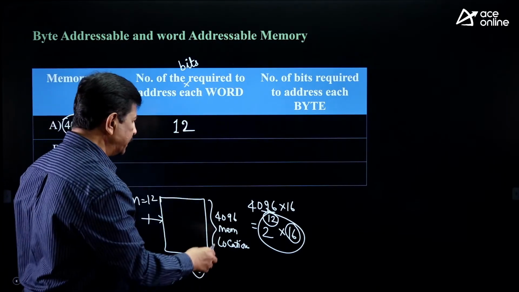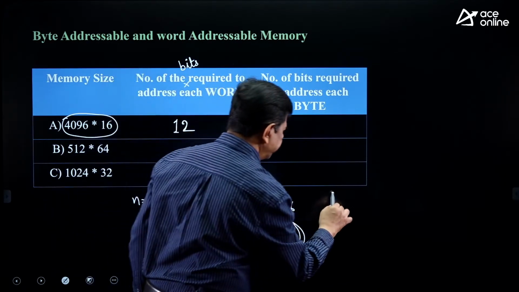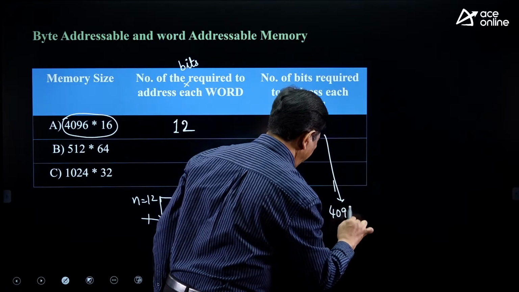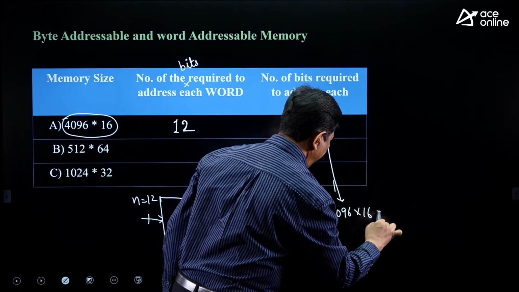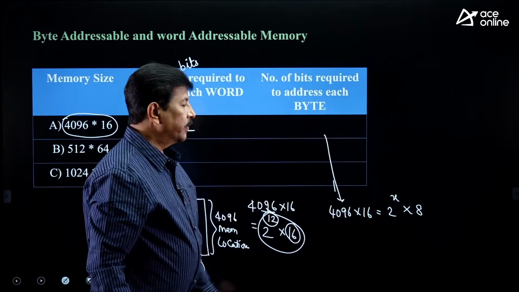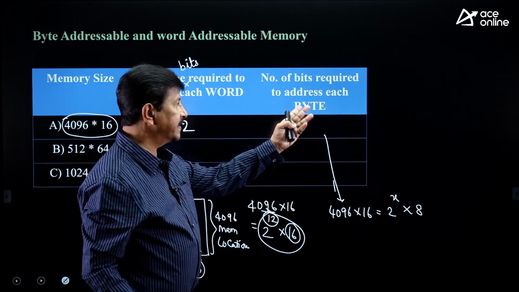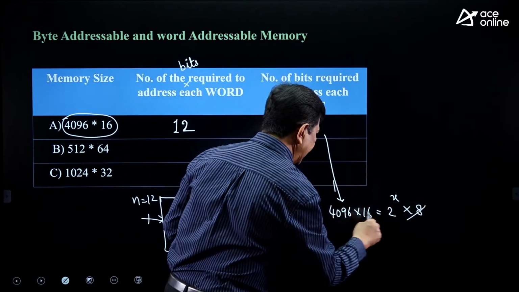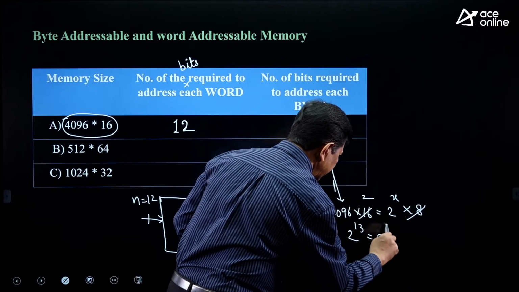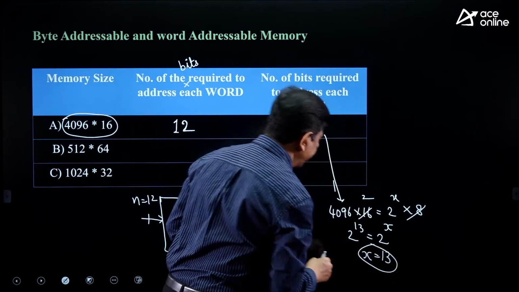For that, this should be equal to 2 power x into 8. The value of x will tell how many address lines I require to access each byte. So this is 8, 2 power 3, which becomes 2 power 13 is equal to 2 power x. So x equals 13.